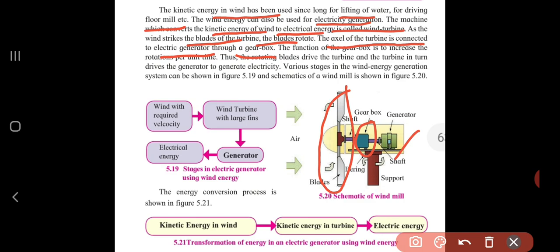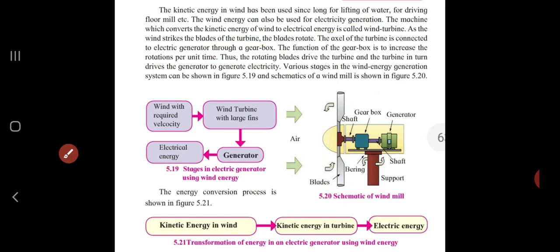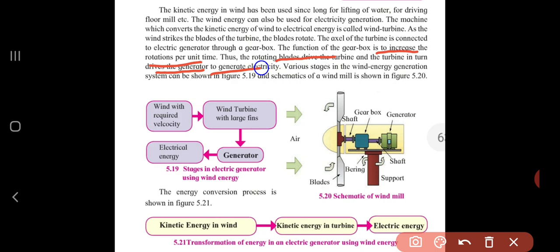The function of the gearbox is to increase rotation per unit time. So this gearbox increases the RPM, the rotation per minute. Thus the rotating blades drive the turbine, and the turbine in turn drives the generator to generate electricity. Okay, so here the generator generates the electricity.